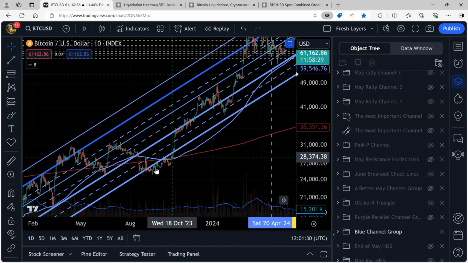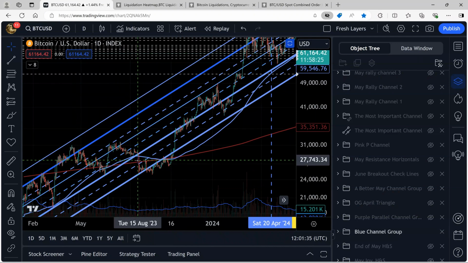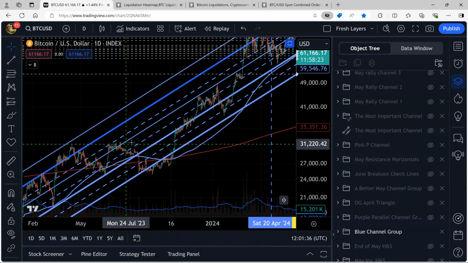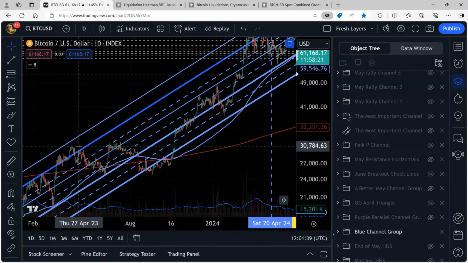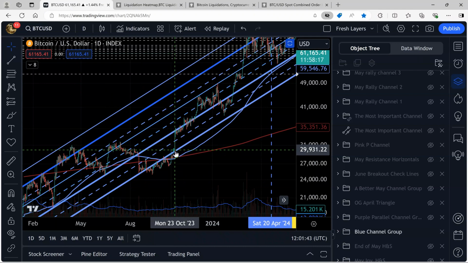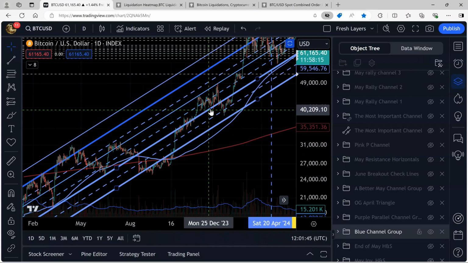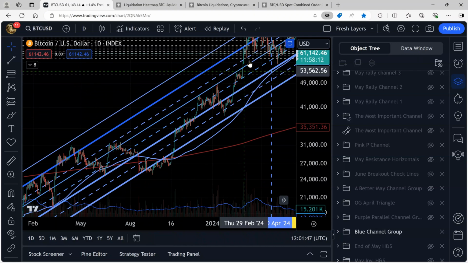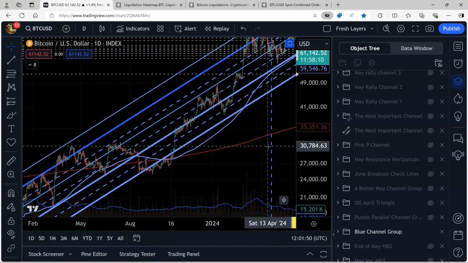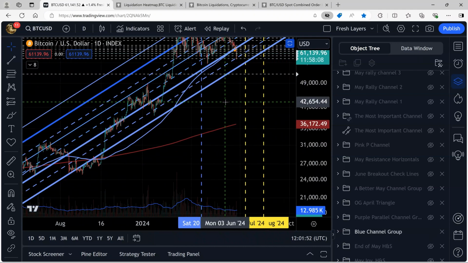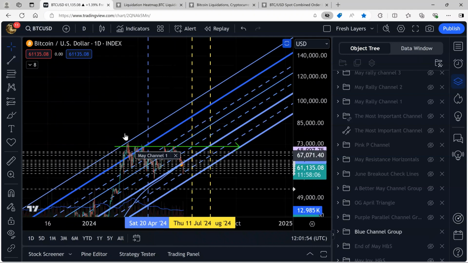And I hope we don't fall down this much. This was in August, and that was a really, really bad dump. And then when we finally did break through right here, look at that. We shot up really, really nicely, way, way up.